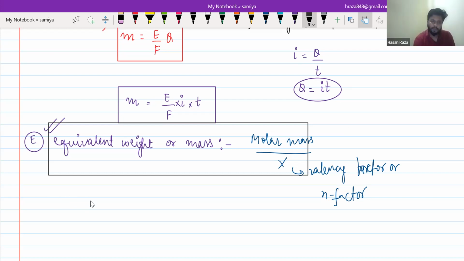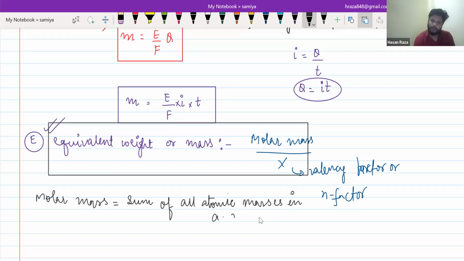What is molar mass? Molar mass is basically the sum of all atomic masses in a compound. Like if we have to calculate molar mass of H2SO4.